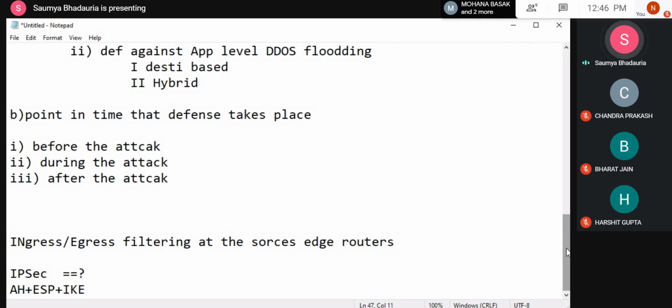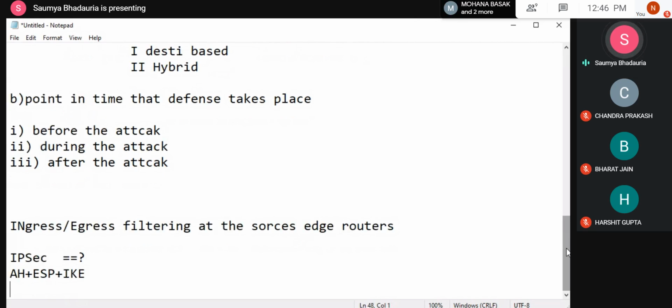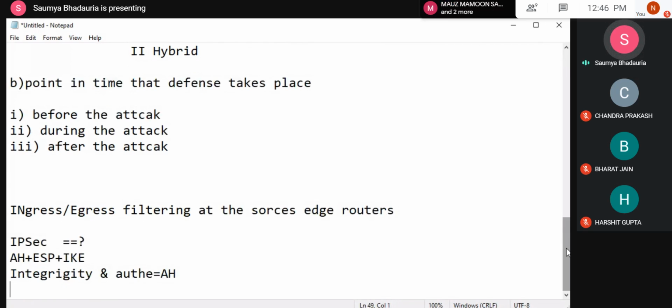AH is the authentication header. It has the functionality related to integrity and authentication. So integrity and authentication is part of AH.